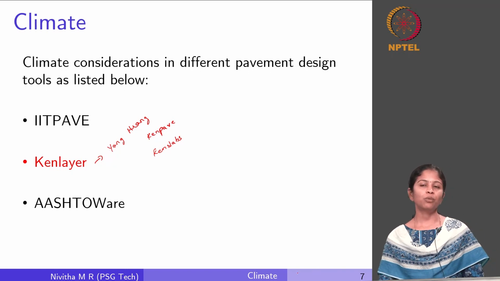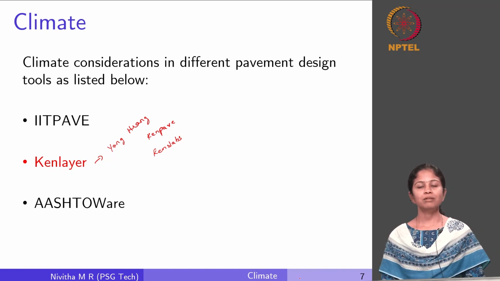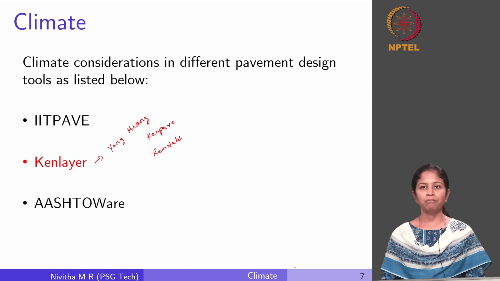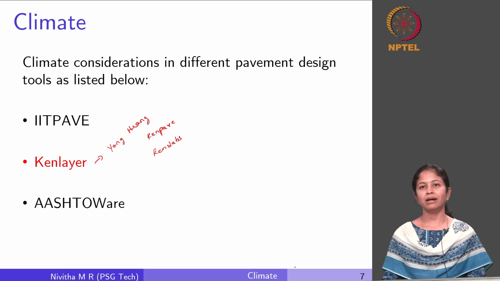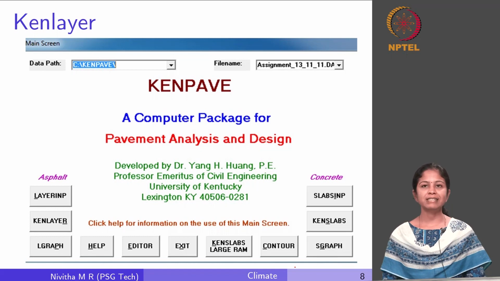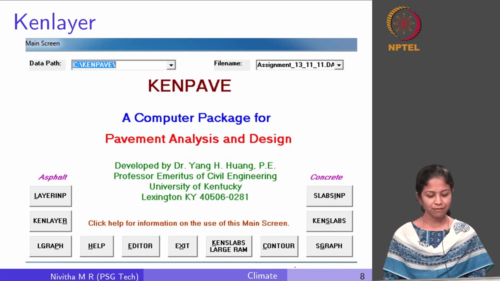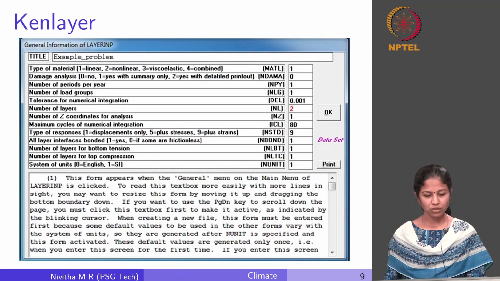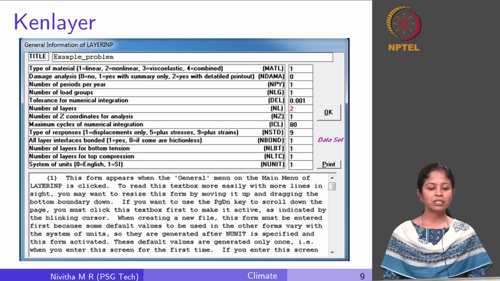So, let me show you what this software has in terms of incorporation of material properties and whether climate related effects can be taken into account in this software. So, this is the main screen of this software, right. So, we have a place wherein we can give input for each layer. So, once you click this layer input, these are the options.